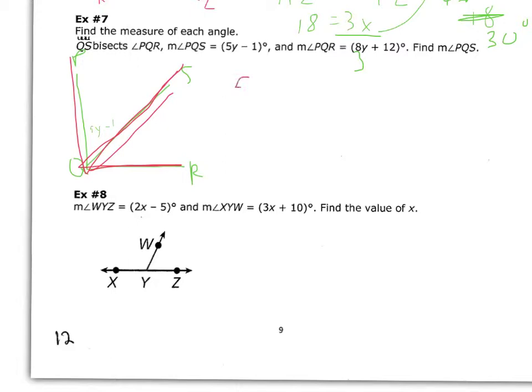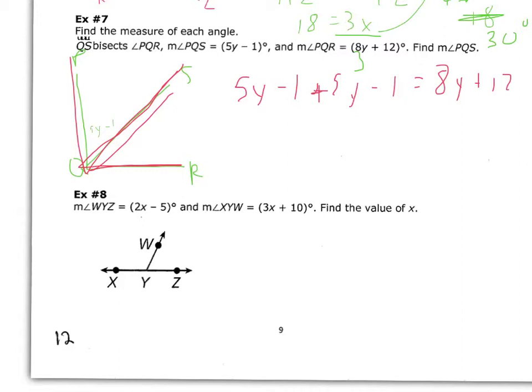So we know that 5y minus 1 plus 5y minus 1 equals 8y plus 12. Let's go ahead and solve this.